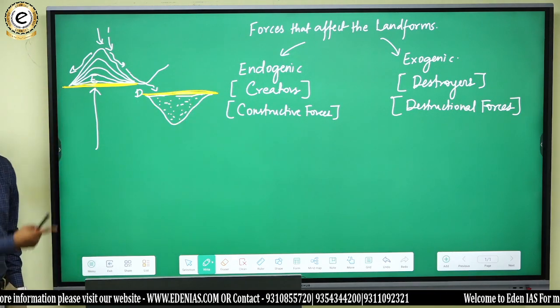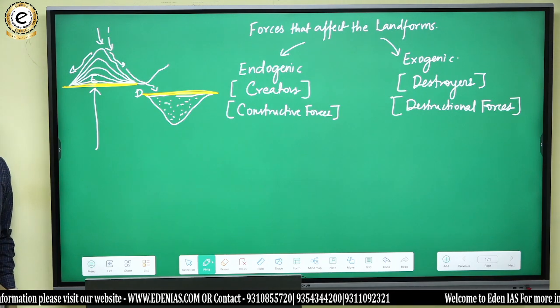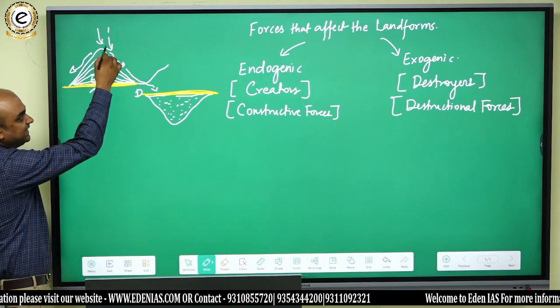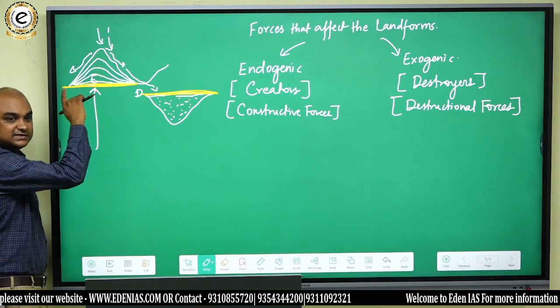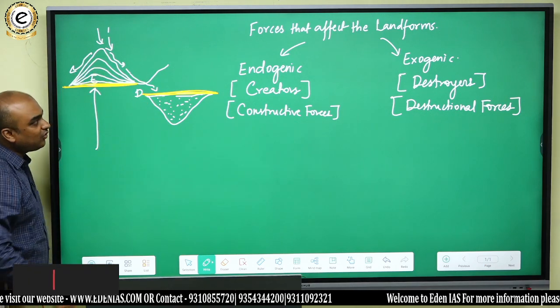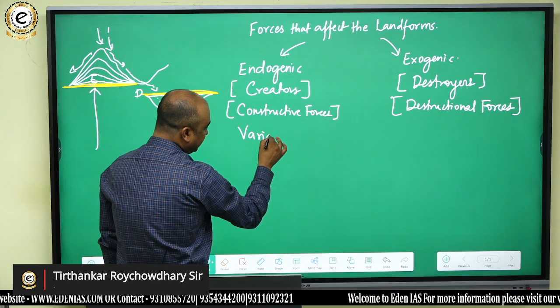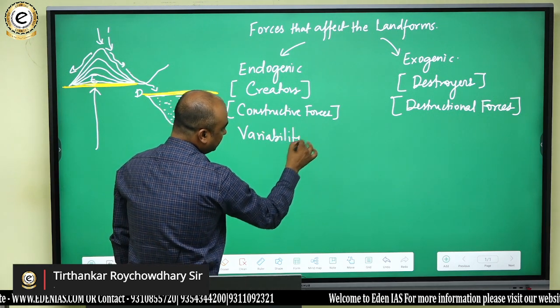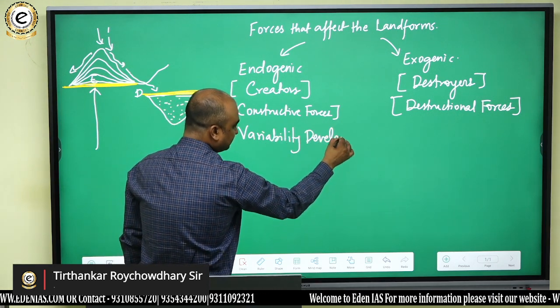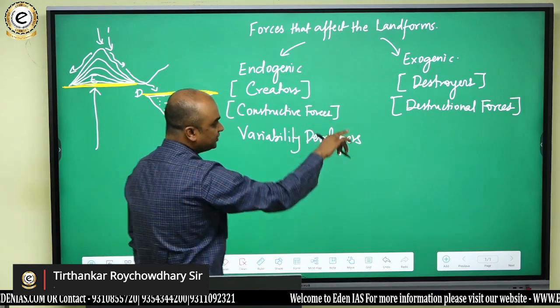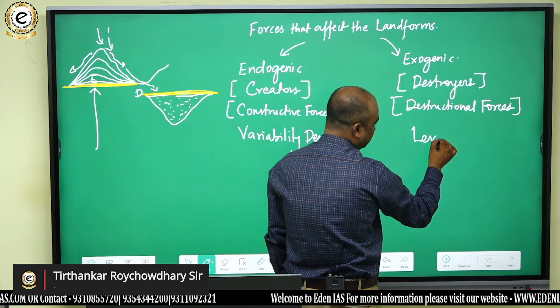This is destruction of the depressed feature. Do you get it? So this is variability development, whereas this is leveling. So endogenetic forces are also known as variability developers, whereas exogenetic forces are known as levelers.